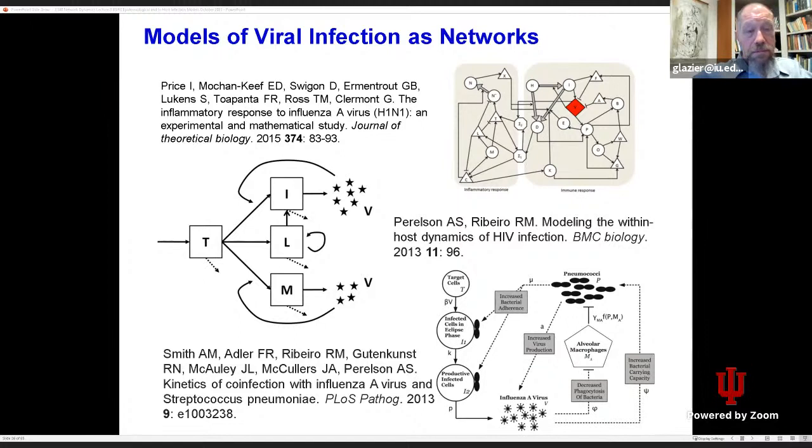That might seem like an academic study, but in lung infections, it's pretty common to have both a bacterial infection and a viral infection at once. That's why when you go to a doctor with a cough, even if the doctor says that you have a viral infection, they may give you an antibiotic.